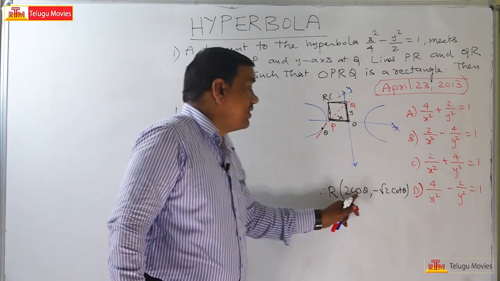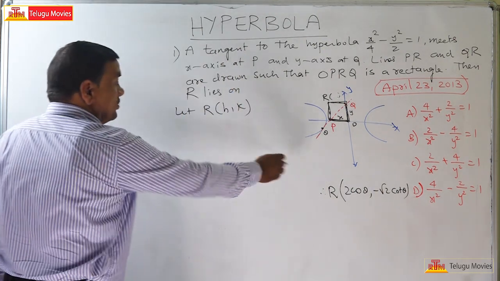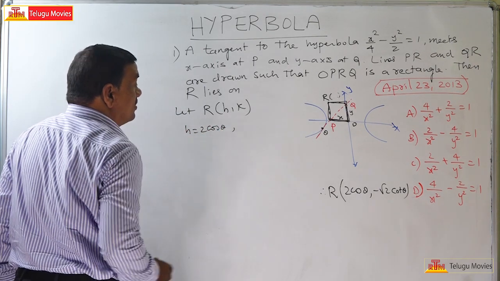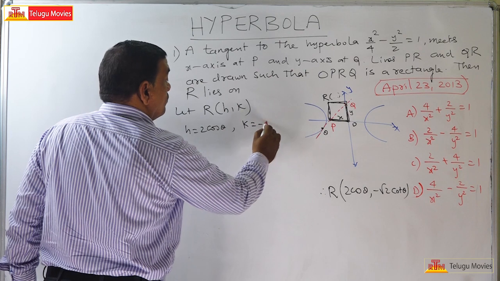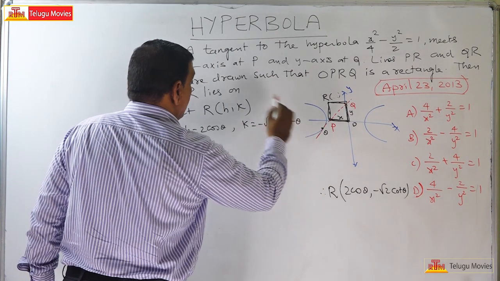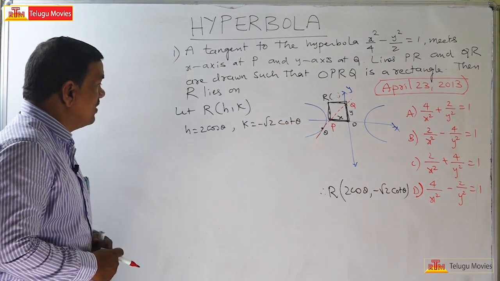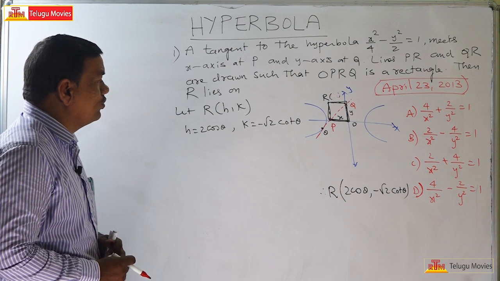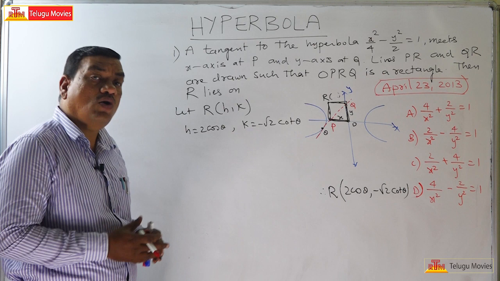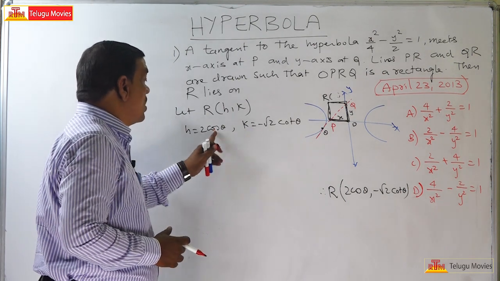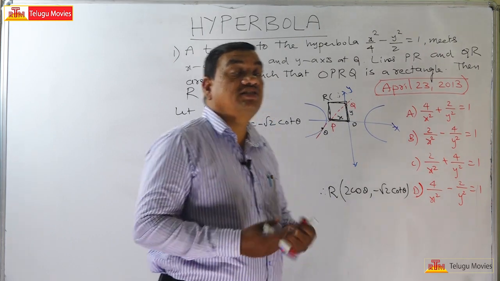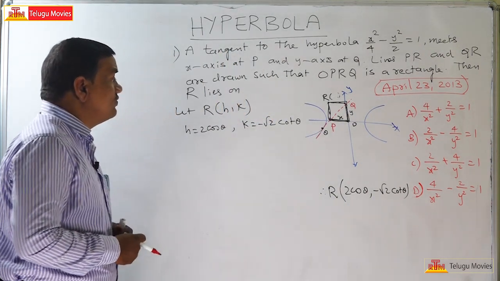Therefore h is equal to 2 cos theta, k is equal to minus root 2 cot theta. Then how do we eliminate cos theta and cot theta so that we get the equation in h and k?